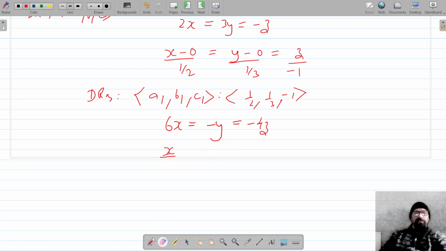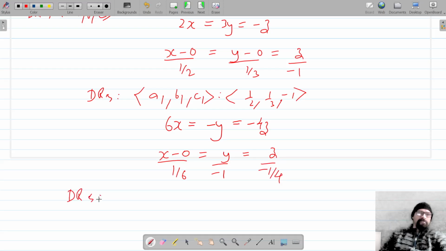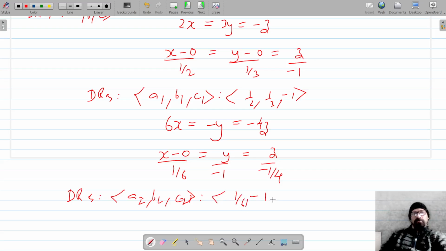We can also write it as x minus 0 upon 1 by 6 is equal to y upon negative 1 is equal to z upon negative 1 by 4. And here let the direction ratios be a2, b2, and c2. So these are the direction ratios, and these are 1 by 6, negative 1, and negative 1 by 4.